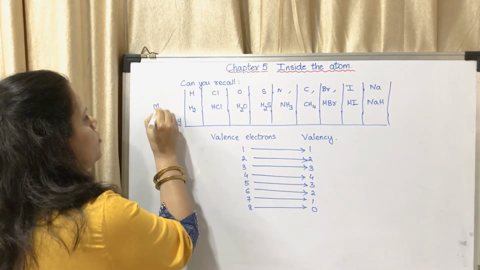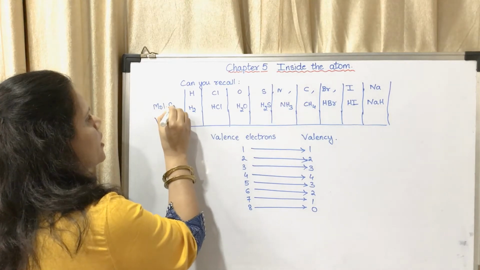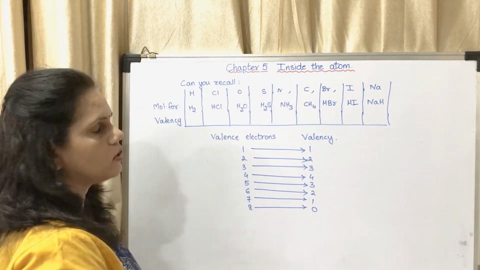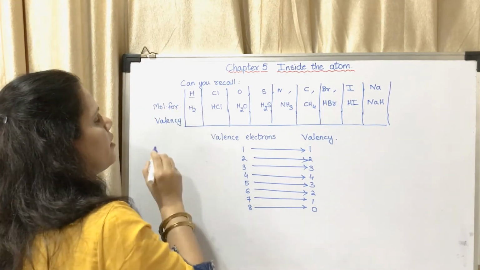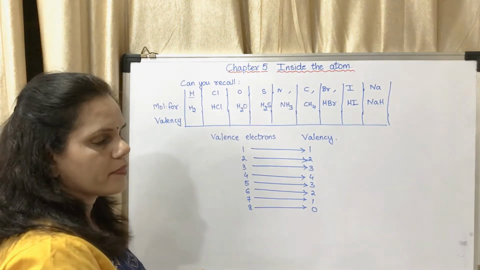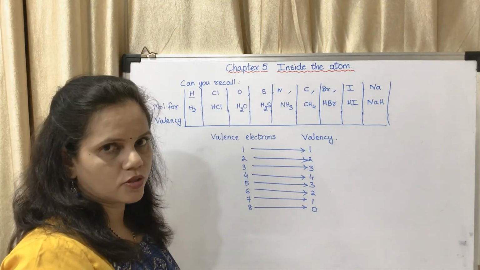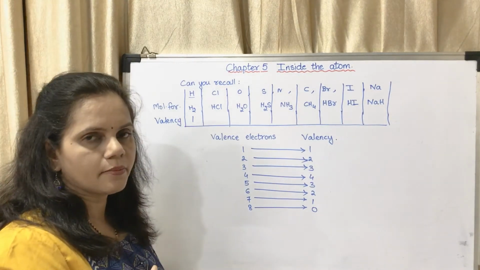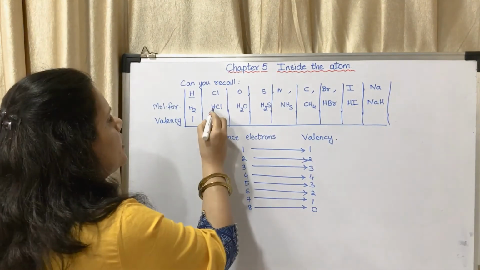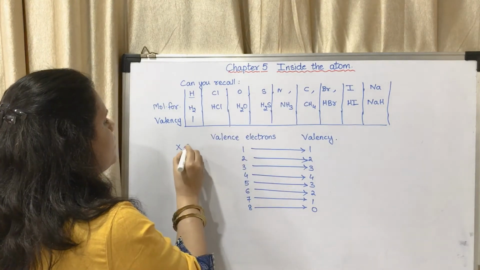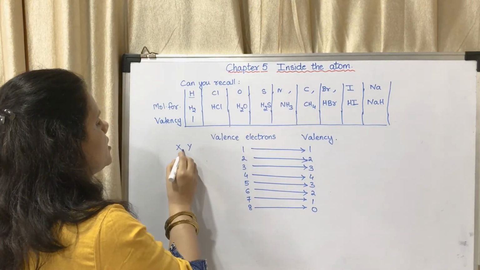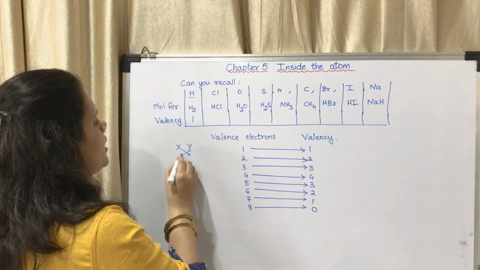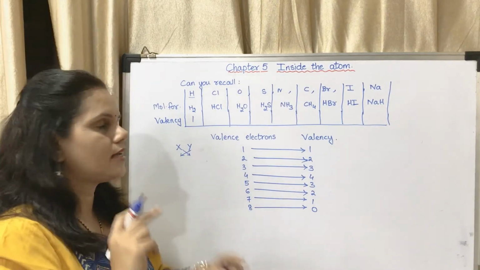This is the molecular formula of the compound and you have to find out the valency of H. Here it is 2. That means it is having 2 atoms. So its valency is 1. So for the single elements you have to learn it, it is 1. I told you when there are 2 elements, the valency of this is written here and this is written here. They are written opposite.